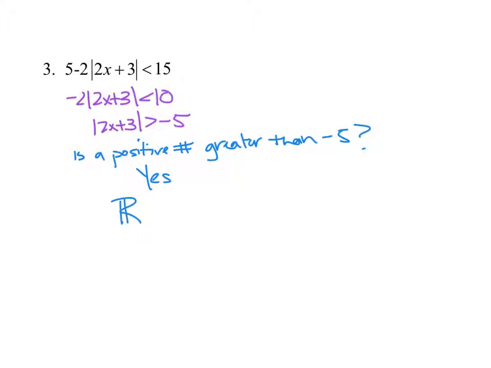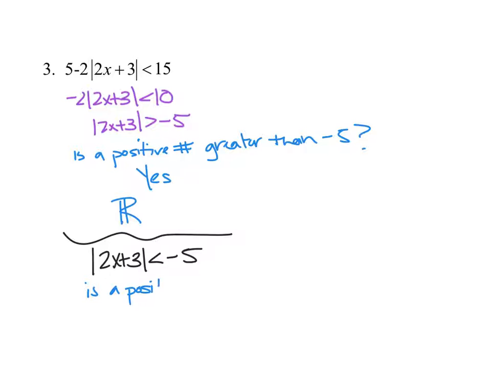Now what if, let's say, I change this problem, and instead of greater than, I change it to the absolute value of 2x plus 3 is less than negative 5. So that's going to change our question. It's still going to say is a positive number, because the absolute value is always positive. But this time it says is a positive number less than negative 5?